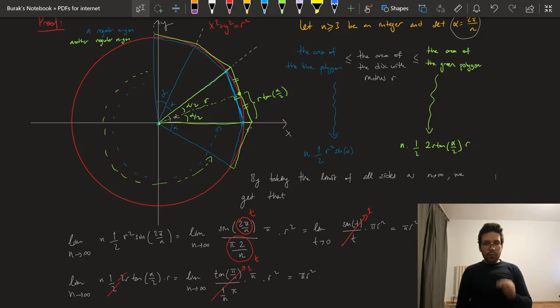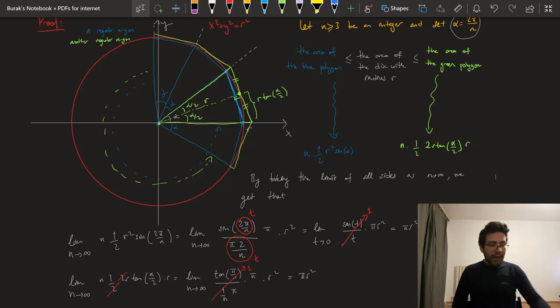In the next section, we're going to do the exact same thing, except we're going to do this to a region which is the region under the graph of a function over an interval. And instead of triangles as my basic shapes, I'm going to use rectangles, and we know the area of a rectangle.